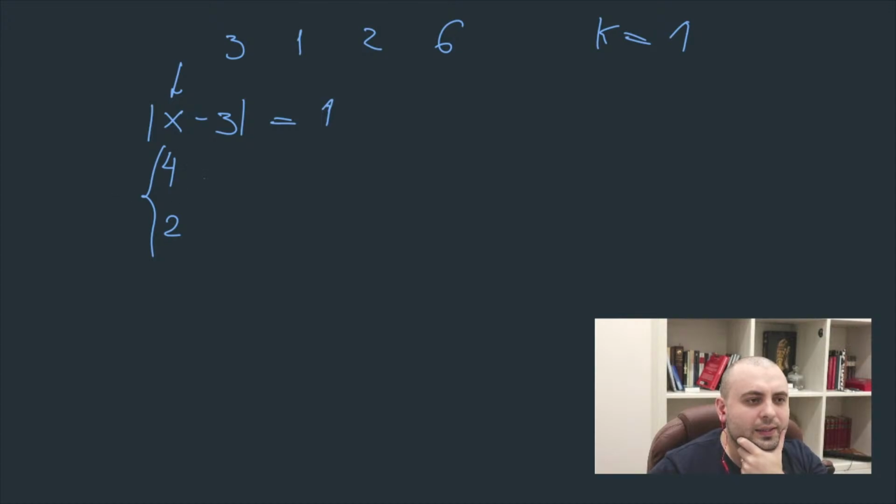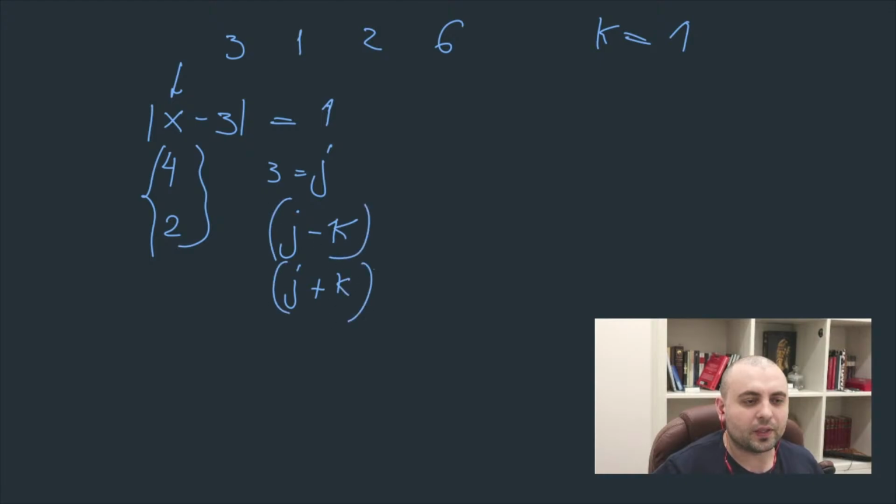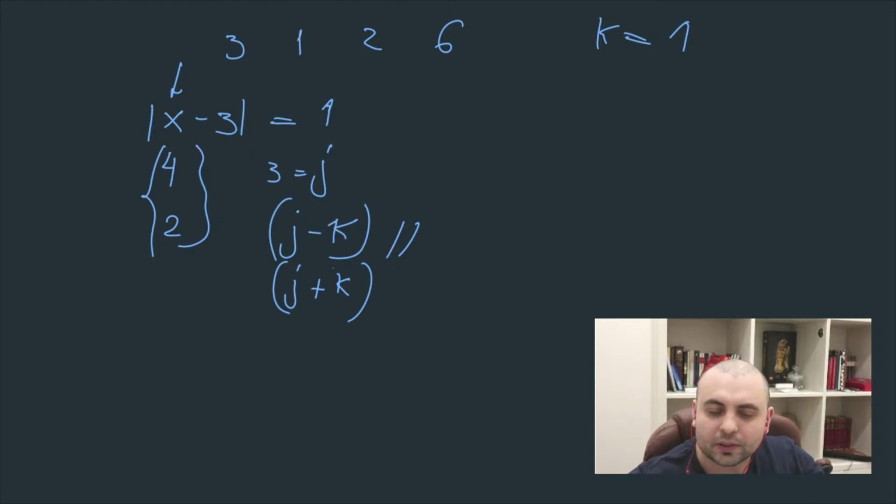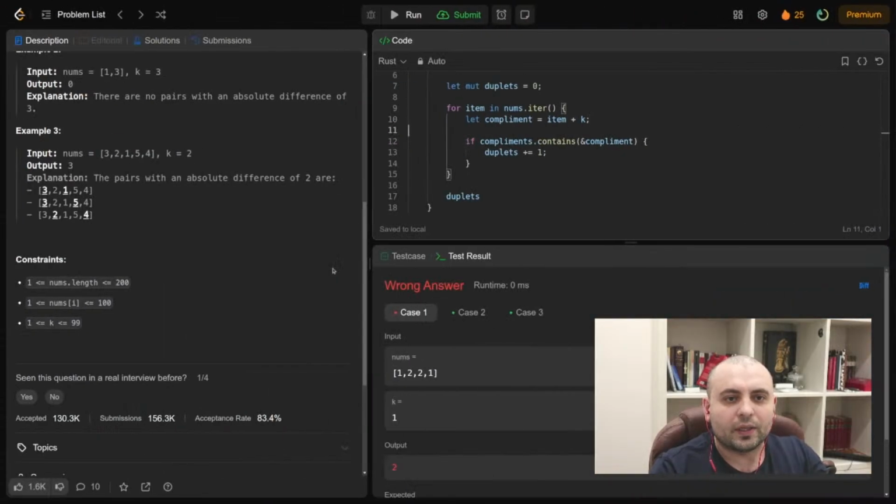So then we need to search in our set. If we call 3 a j, then we need to search in our set for a j minus k complement, because 1 will be k, or a j plus k complement. So these two complements, one or the other. So if we find one or the other, then we found our complement. So yeah, then we have item plus k. Yeah, item in our case will be the j part.